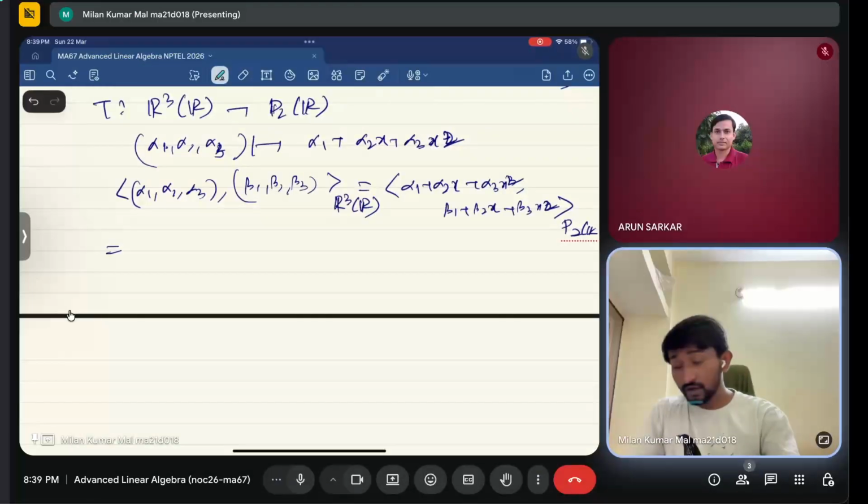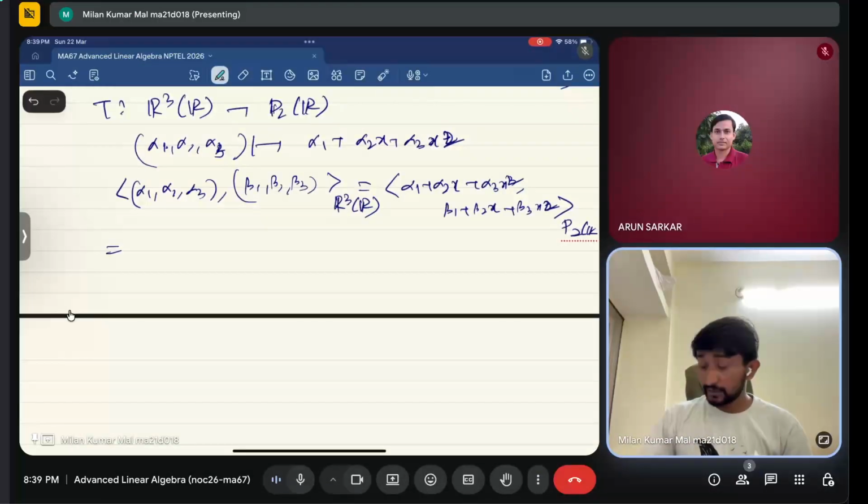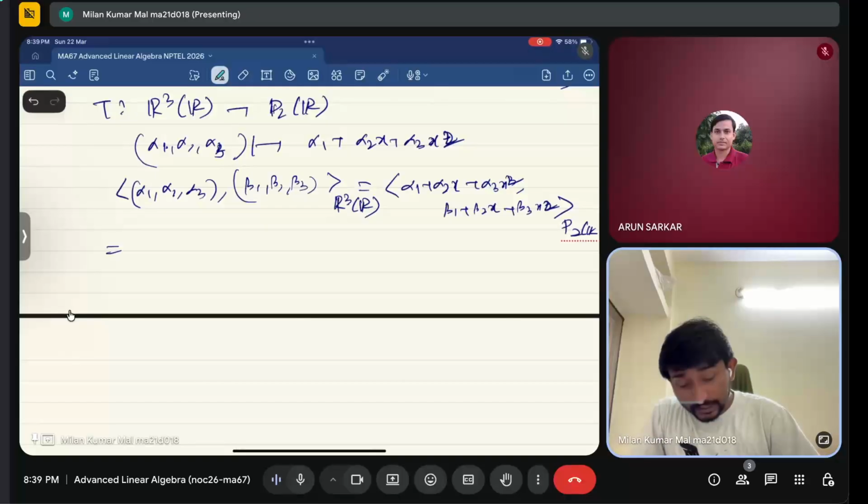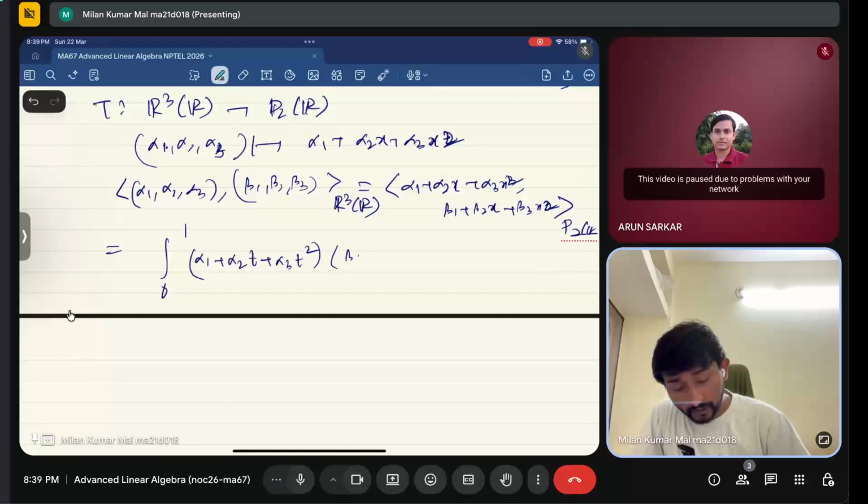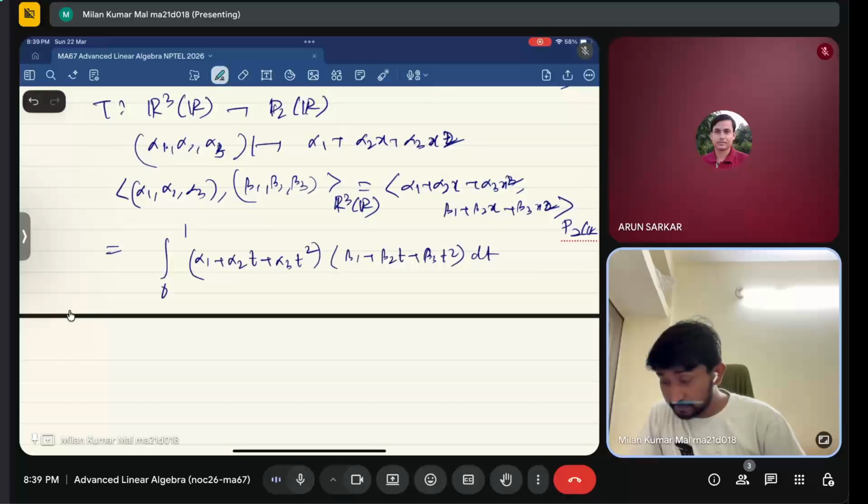So the inner product is given as the integration from 0 to 1 of alpha 1 plus alpha 2 t plus alpha 3 t square, times beta 1 plus beta 2 t plus beta 3 t square, dt.